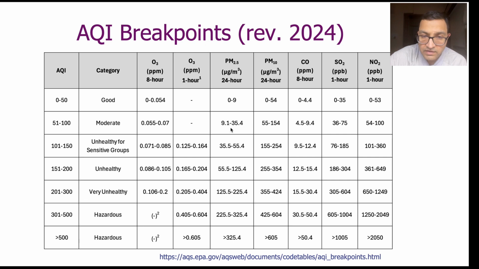So you could scale linearly between 51 to 100. So if you are at 75, that would be midway between 9.1 and 35.4, and so on and so forth. So we will do an example based on these breakpoints to calculate the air quality index for a given scenario.